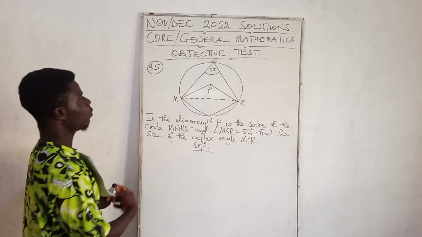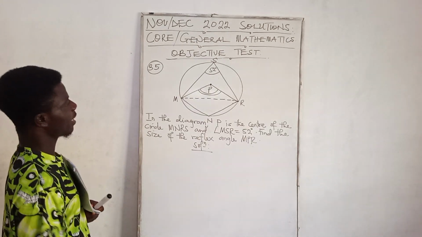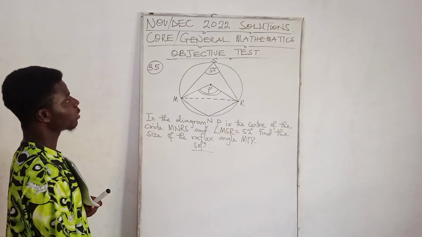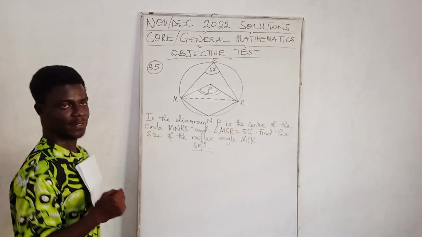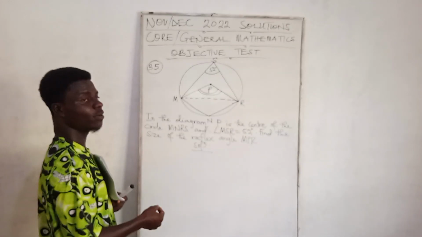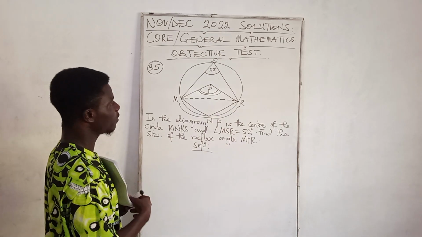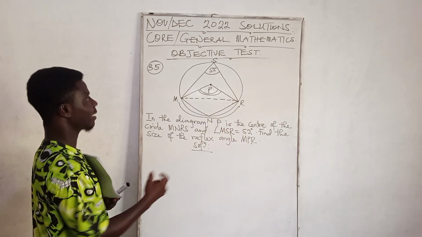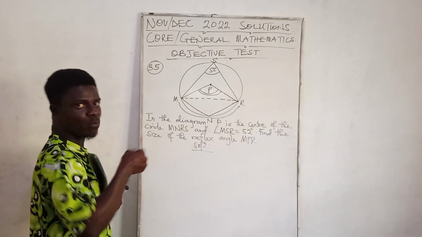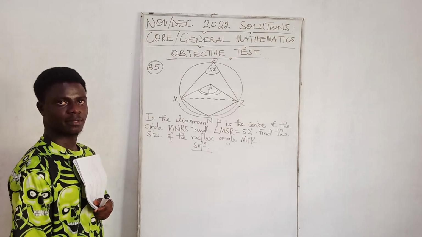So now, if I want to find for this angle P, twice the angle a chord or an arc subtends at the circumference is equal to the same chord or arc subtends at the center of the circle.